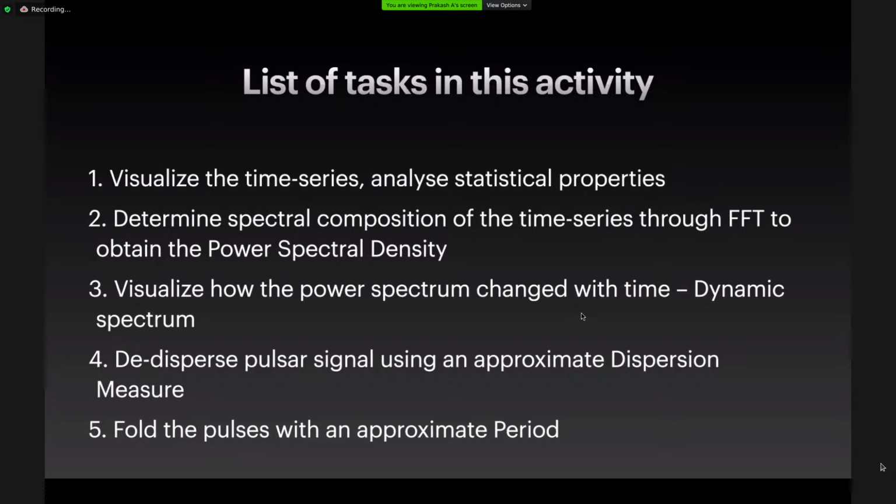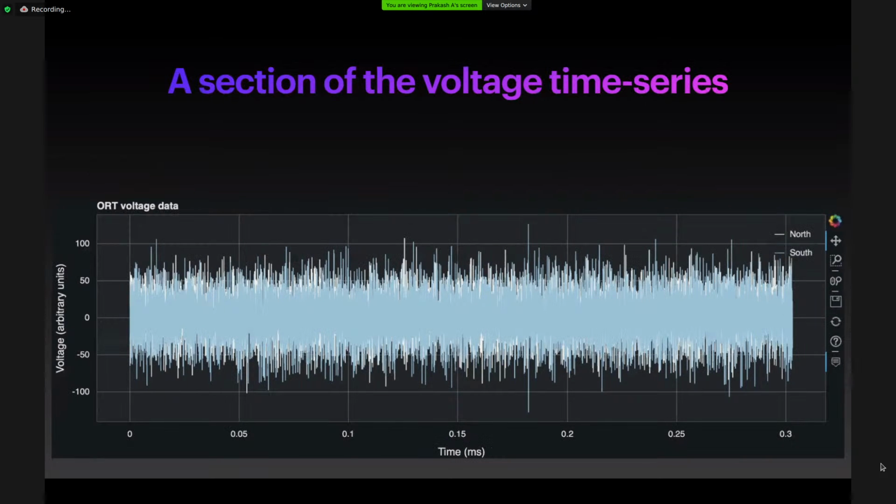And then once we see a signal, we know it's a pulsar signal, and we'll see that it has dispersed in the frequency range. We'll try to de-disperse it, fold the pulses, and get the approximate period and DM, the dispersion measure. So we'll go through that somewhat step by step.